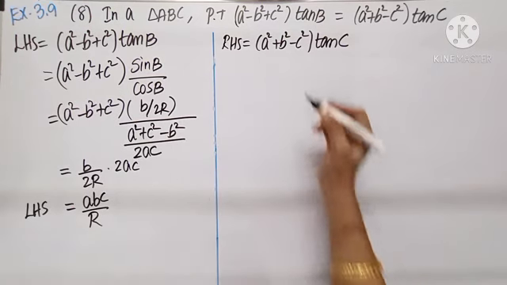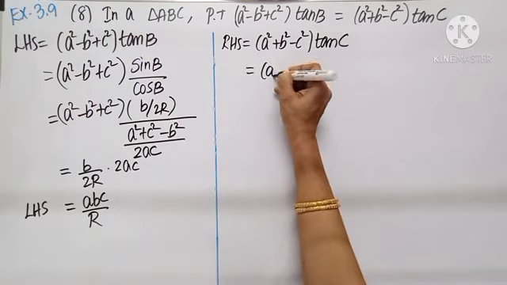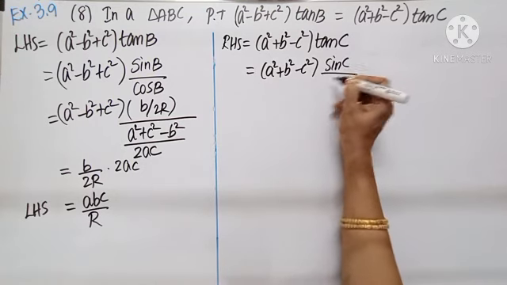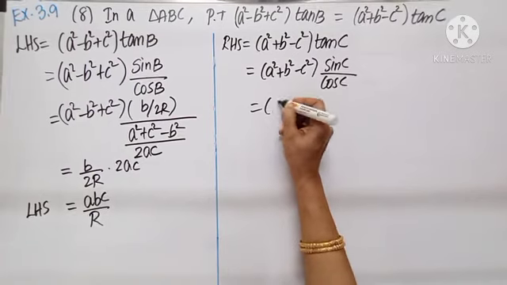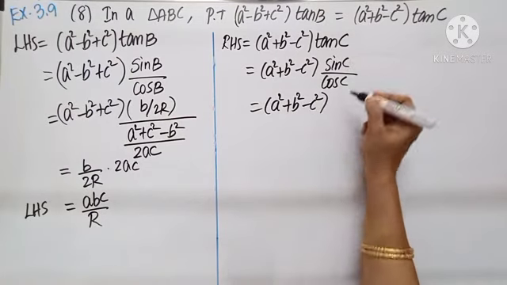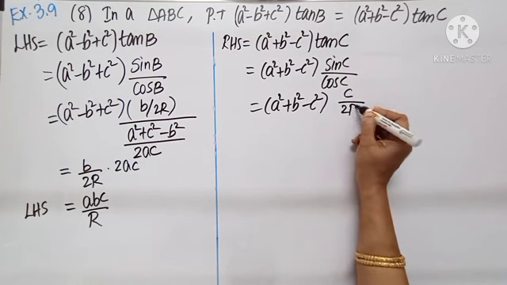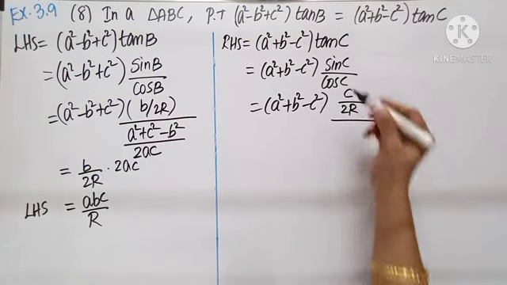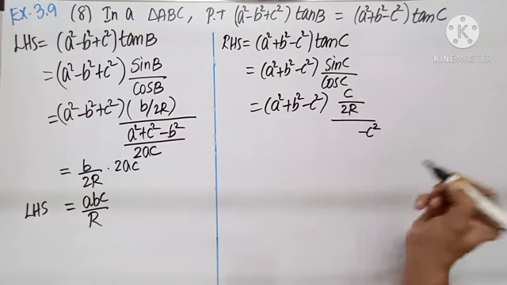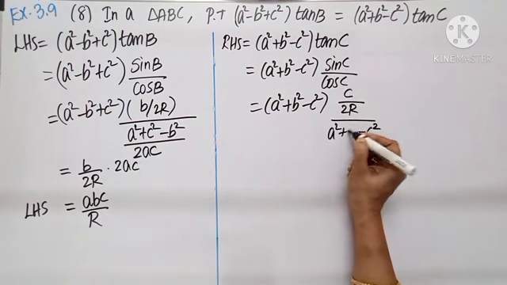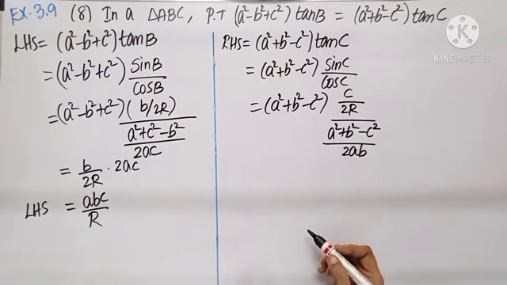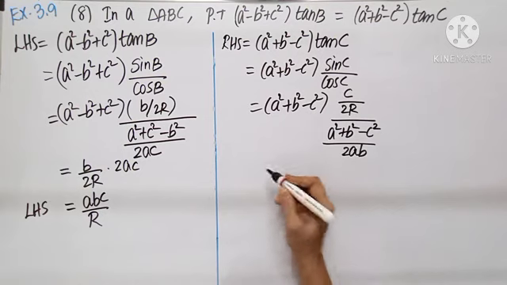Similarly, let us try RHS. A square plus b square minus c square into sin c by cos c. A square plus b square minus c square into sin c, which is c by 2r, divided by cos c. When c comes, minus c square, the other two positive. Denominator 2ab. This and this will get cancelled.